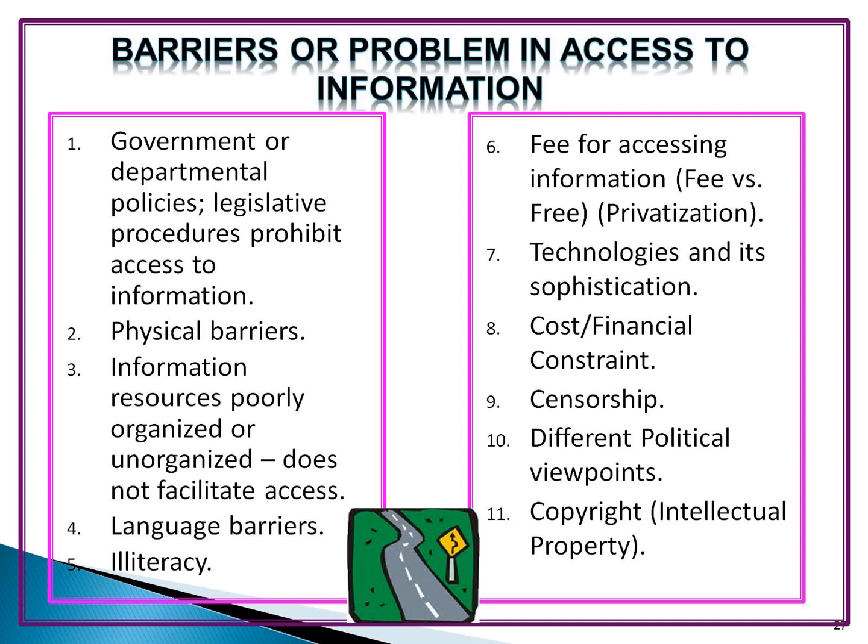Another context of physical barriers is people with disabilities. It is difficult for them to access this information. And then we have information resources that are poorly organized or unorganized.